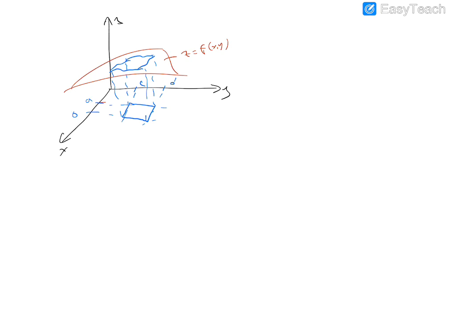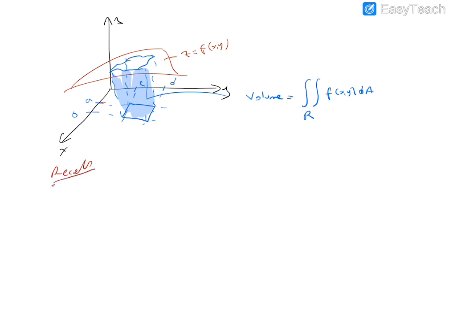So the volume of this solid. Okay, the volume equals the double integral on the region R of f of xy dA, which is the volume of this region, which is very similar to the area. For the area, what is that one?